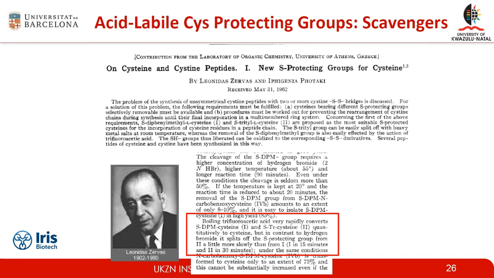We know right now, 60 years later, that we don't need to boil trifluoroacetic acid. We need only a few percent of trifluoroacetic acid, but with the correct scavenger. This is the importance of the scavengers in all of the cysteine chemistry.